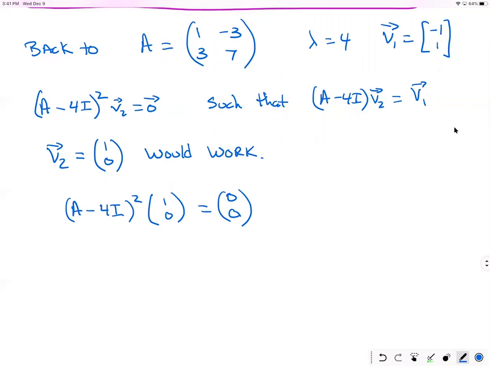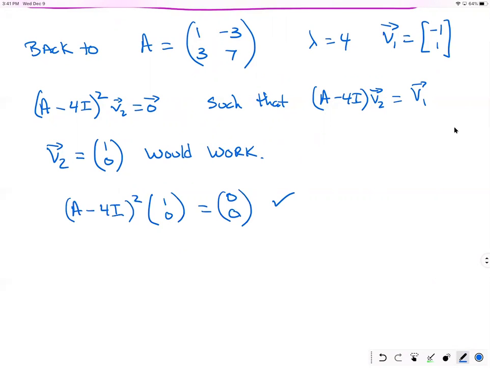So I could, as it turns out, choose any vector I wanted, as long as it wasn't a linear combination of (-1, 1). So (A minus 4I) squared times (1, 0) equals the zero vector. So that's the first thing we need.